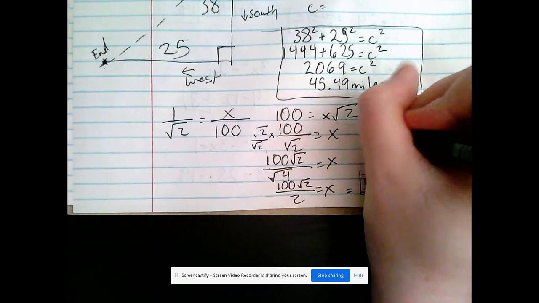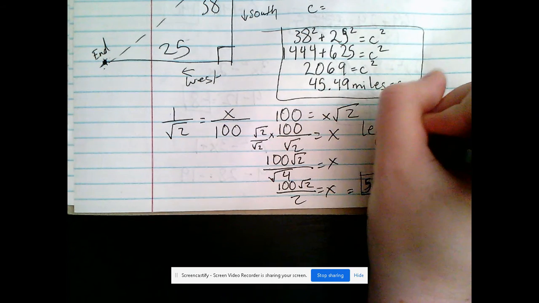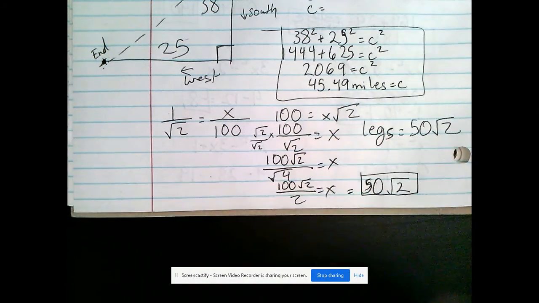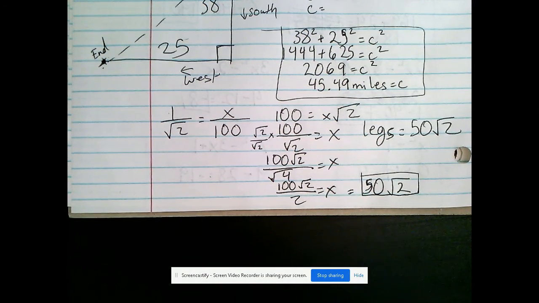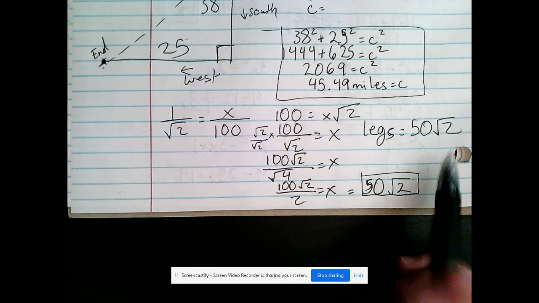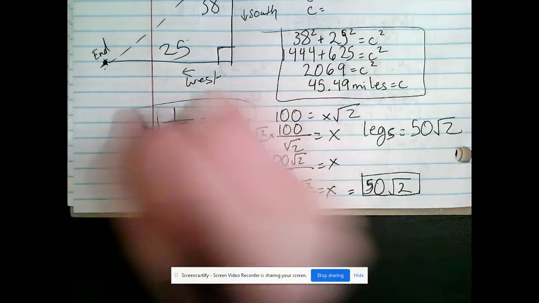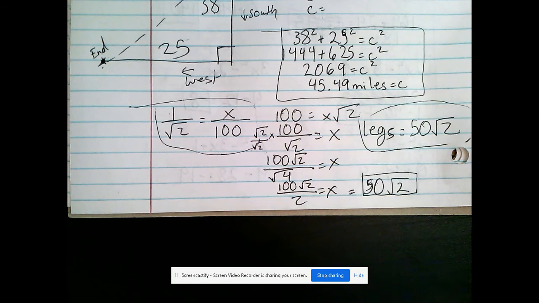So our legs equal 50 root 2. And that's our answer. For this problem, I want you to have the proportions set up and our legs set up.